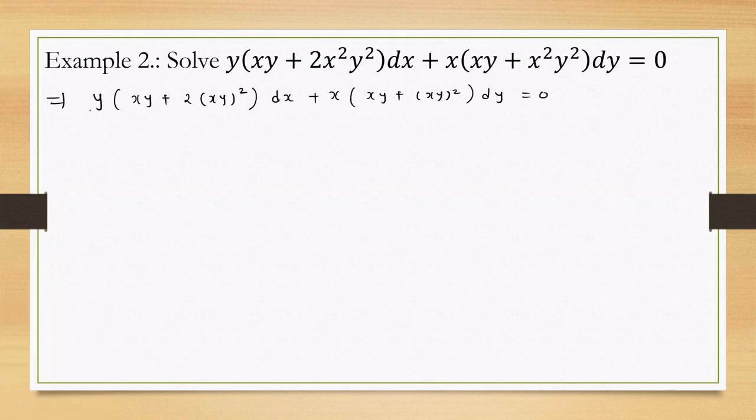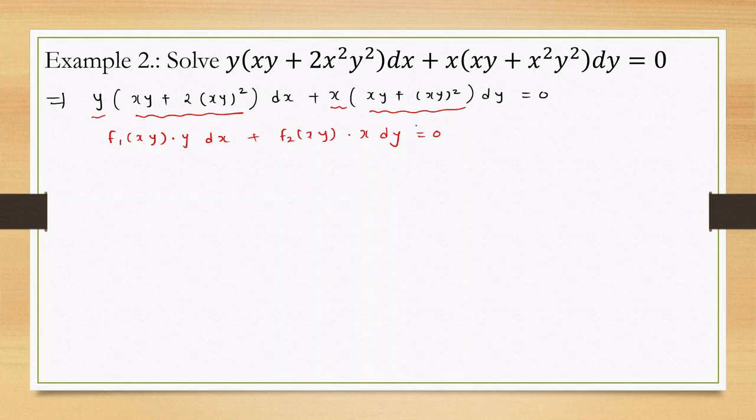So this is in the form f1 xy into y dx plus f2 xy into x dy is equal to 0. That means we can write M dx plus N dy in the format of function of xy into y dx plus function of xy into x dy is equal to 0.